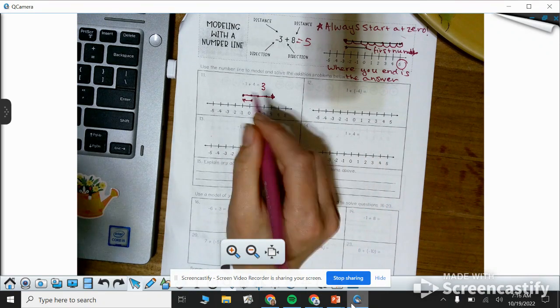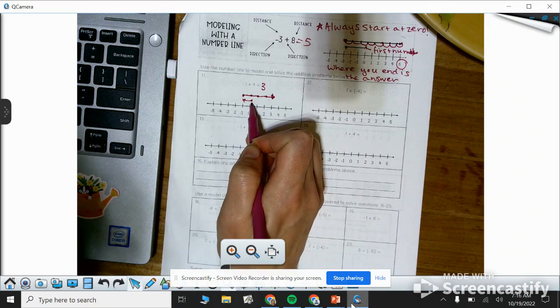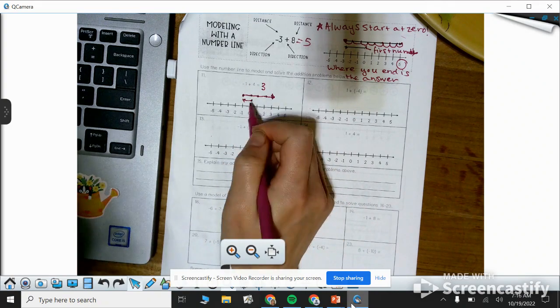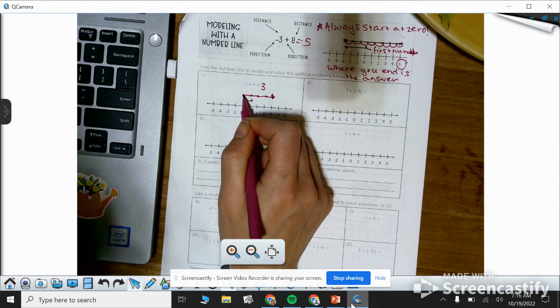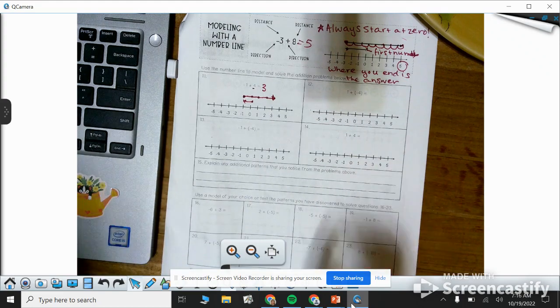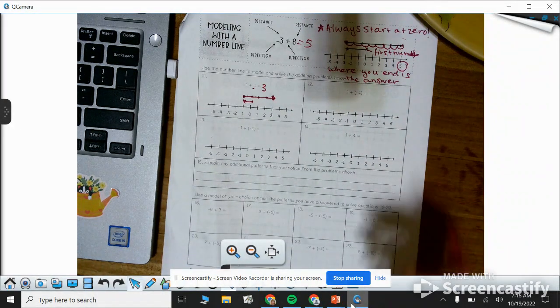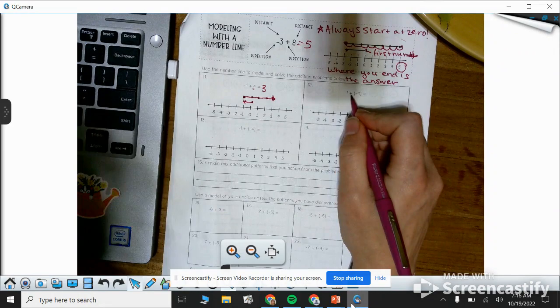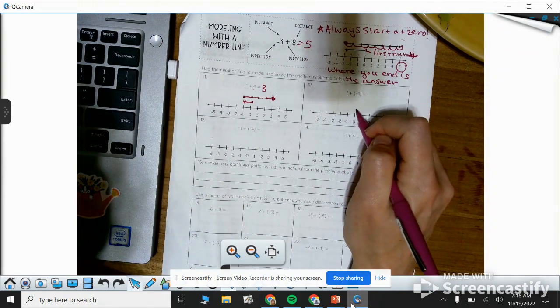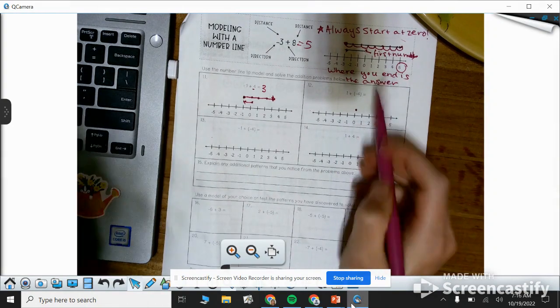So we start at 0. We go in this direction to -1. Then we get on -1 and we go up 4 because that was my second number. Let's try number 12 together. So it's 1 plus -4. I'm going to start at 0. You always start at 0.